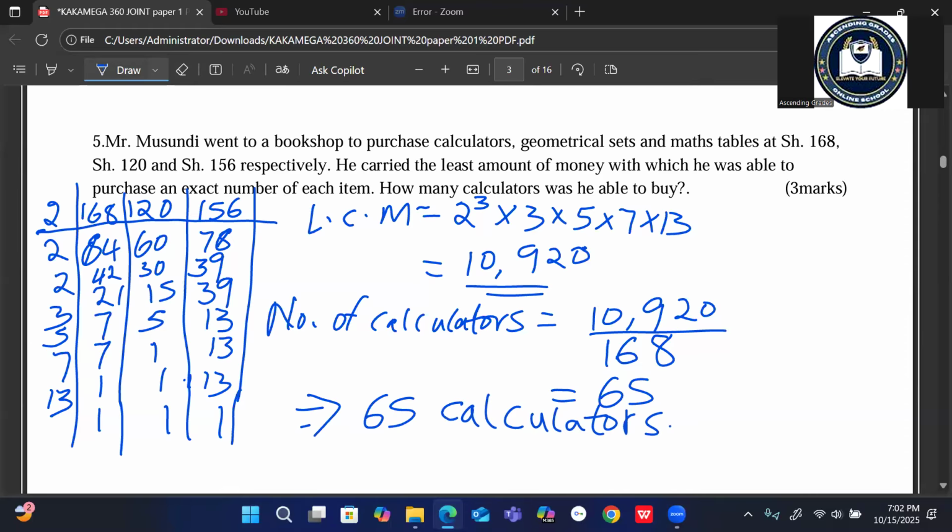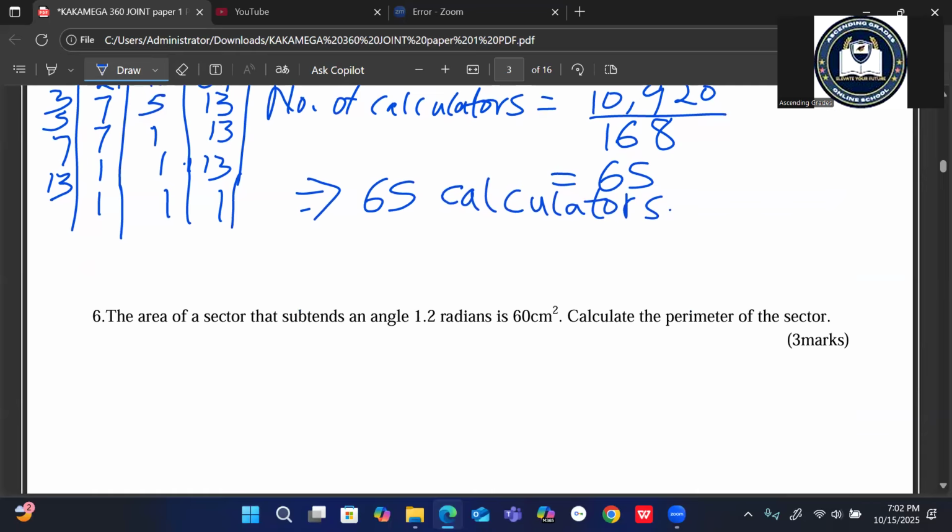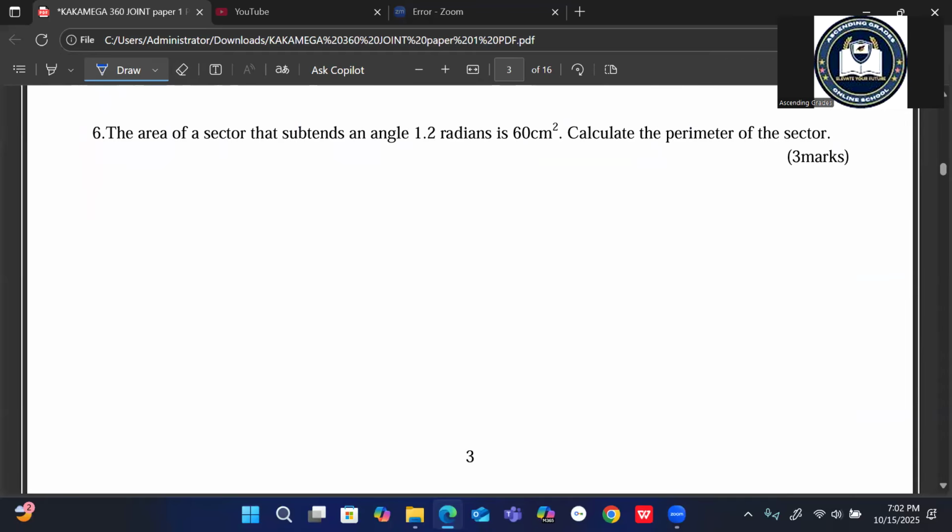So from there, go to the next question. That is number 6. We're told that the area of a sector that subtends an angle of 1.2 radians is 60 centimeters squared. Calculate the perimeter of the sector. We all know that the area of a sector is given by theta out of 360 times pi r squared.